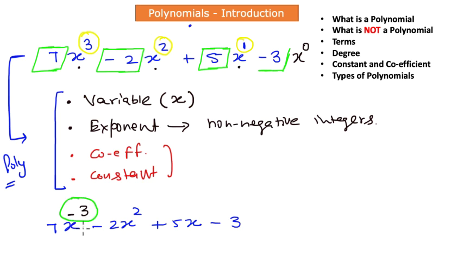And the moment I do this, I will say that now this becomes not a polynomial. Why? Because these exponents always have to be non-negative integers. This is the critical word that makes the distinction between a polynomial versus not a polynomial.